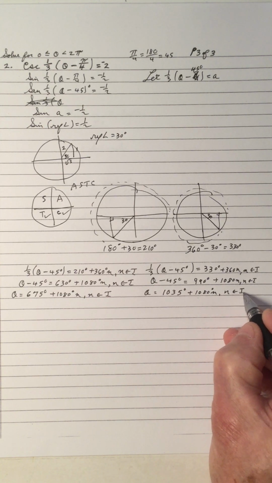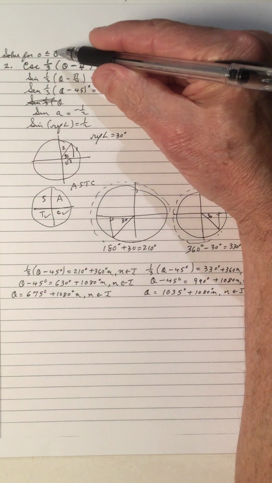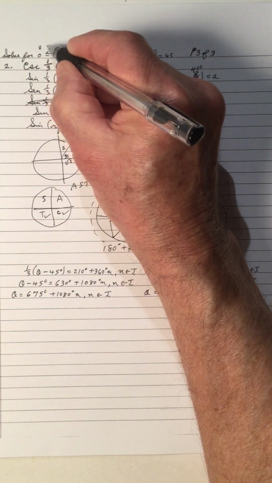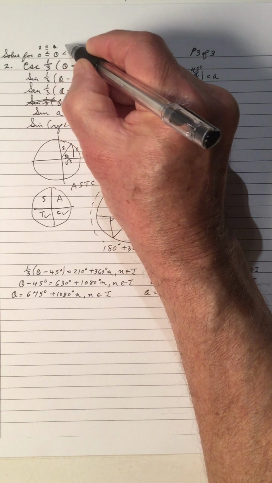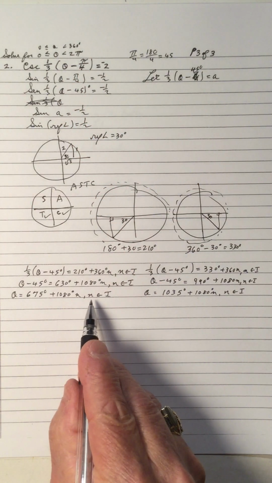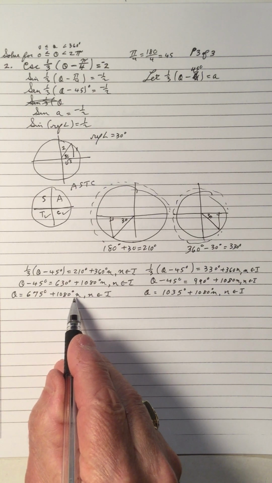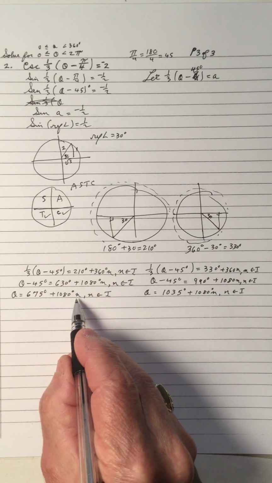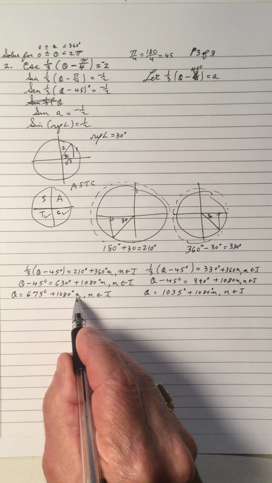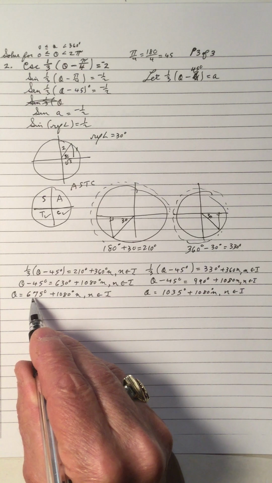Okay, this takes a while. Now notice we're looking for the answer 0 less than or equal to theta, between 0 and 360. So if you take the value of n and plug in right here, if n is -1, that gives you a negative angle.